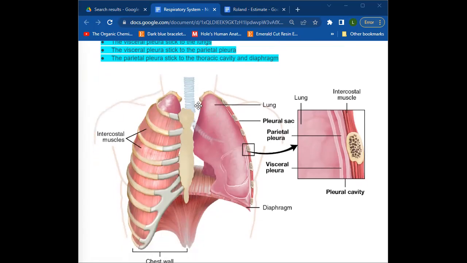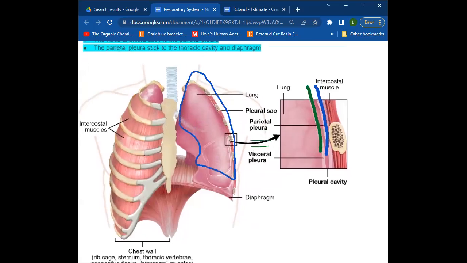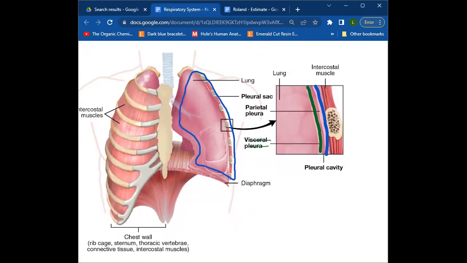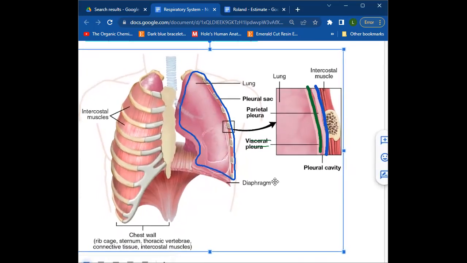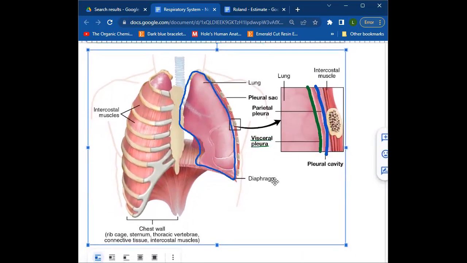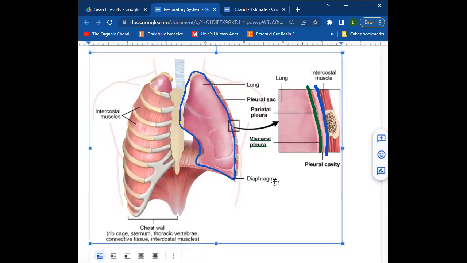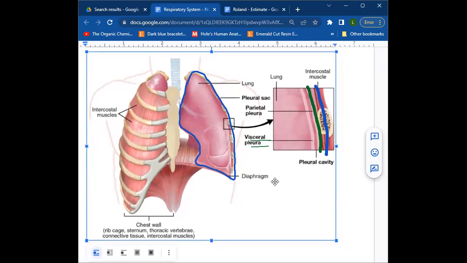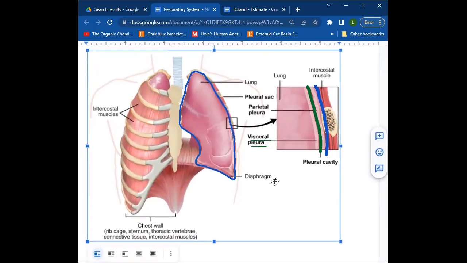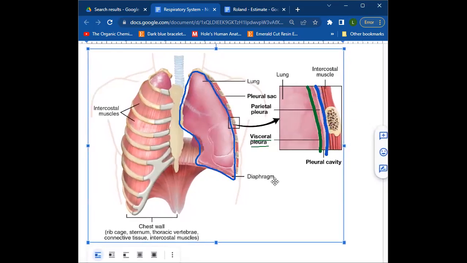In between the visceral and parietal pleura, there is supposed to be a space, and that's called the pleural space, also sometimes known as the pleural cavity.